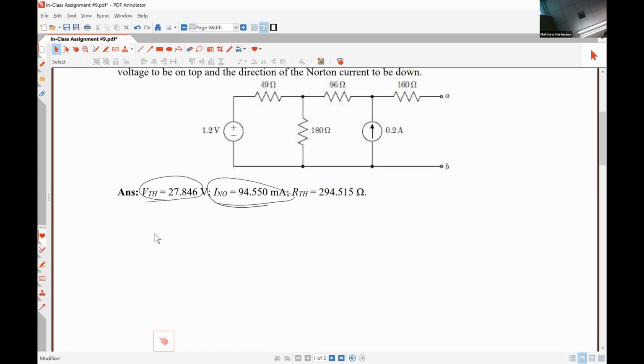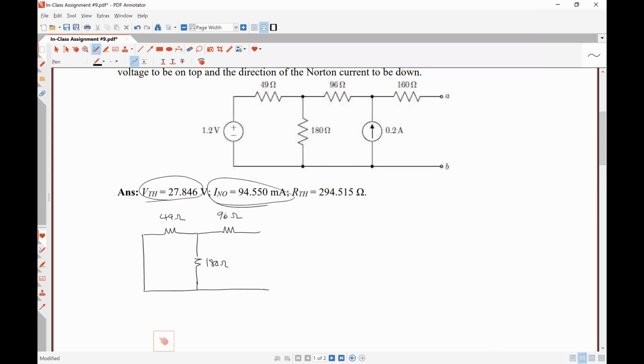So our voltage source becomes just a line. Then we have our 49 ohm resistor, our 180 ohm resistor, our 96 ohm resistor. How do we turn off our current source? An open circuit, right?